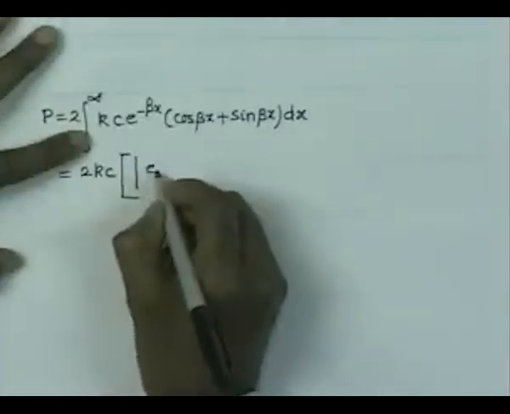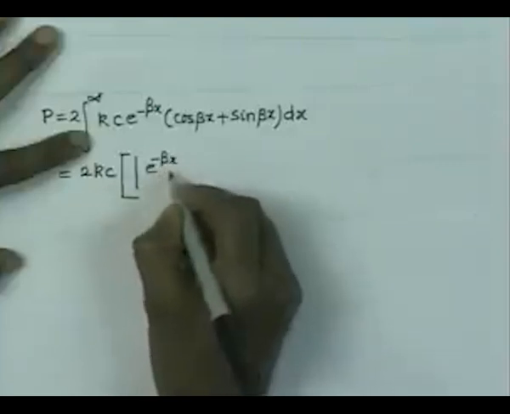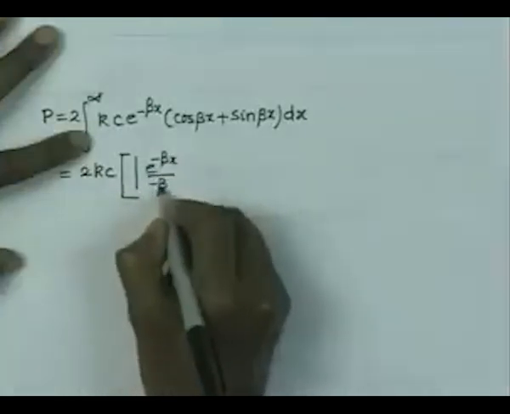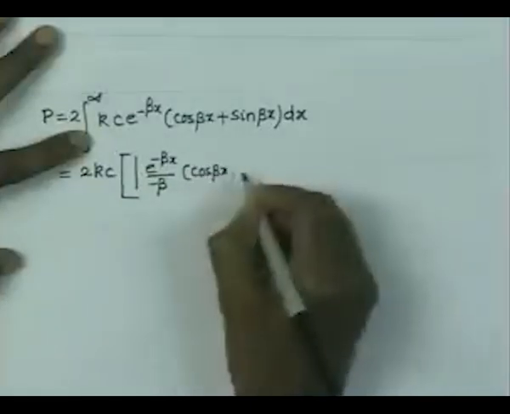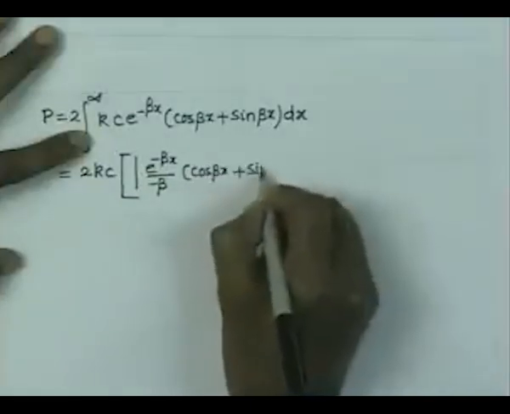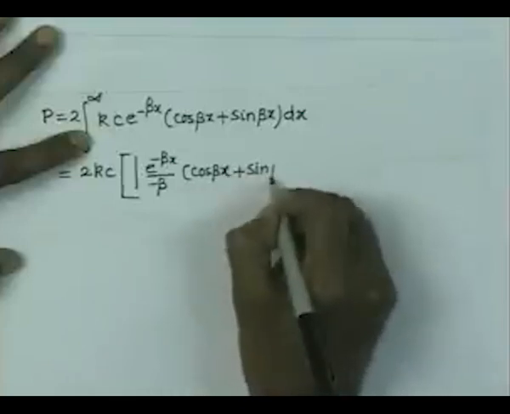So, therefore, we will have e to the power minus beta x by minus beta into cosine beta x plus sin beta x.